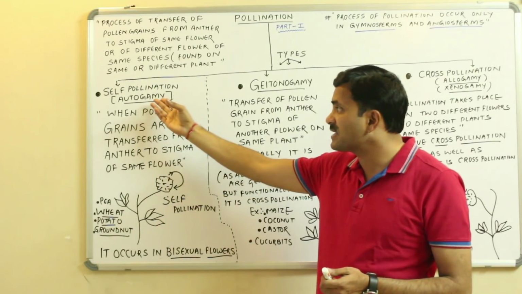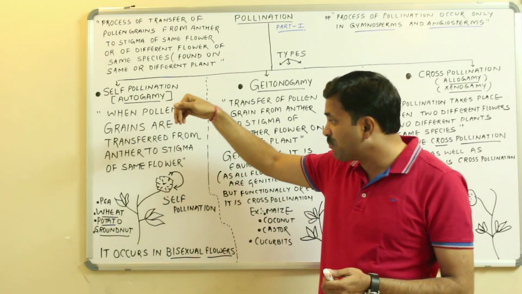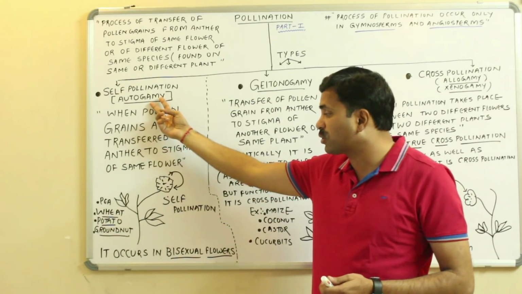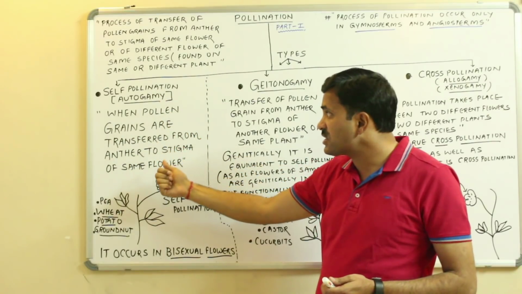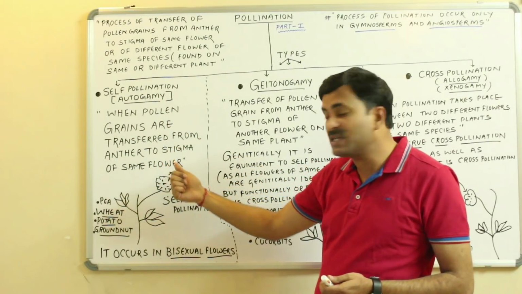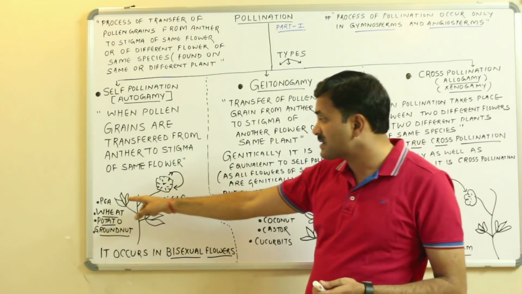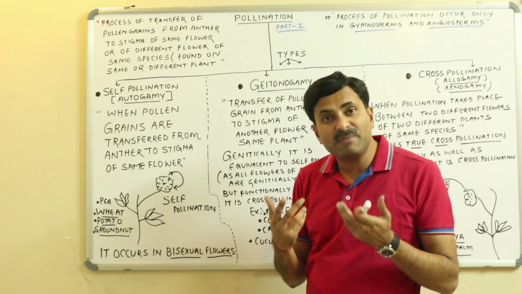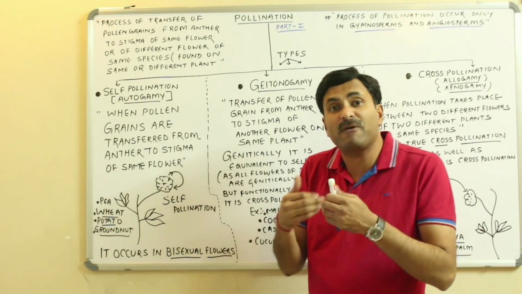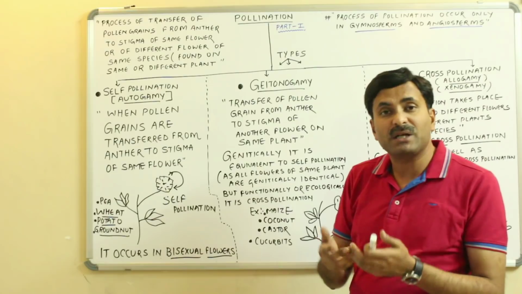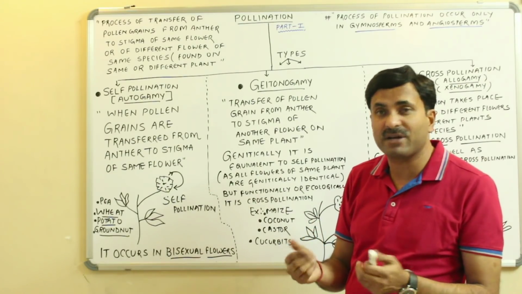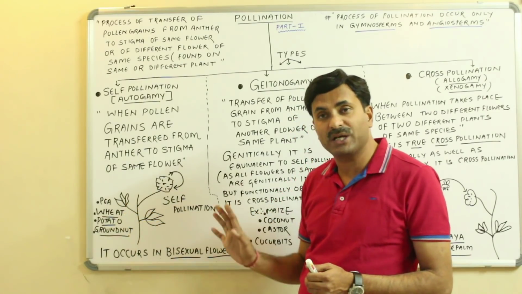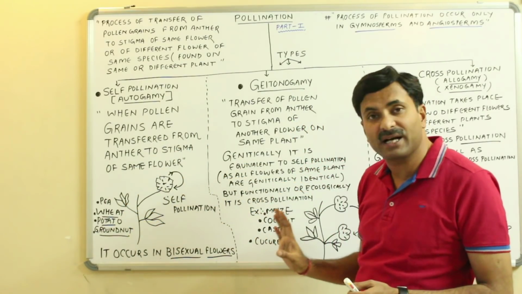Because this act happens in the same flower, it is called autogamy. It can be seen in bisexual flowers such as pea, though in pea, by emasculation and bagging, we can perform cross-pollination; naturally it is a bisexual flower. So in pea, wheat, potato and groundnut, self-pollination occurs.